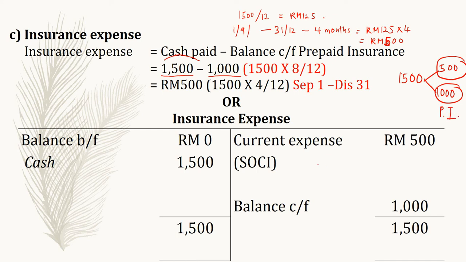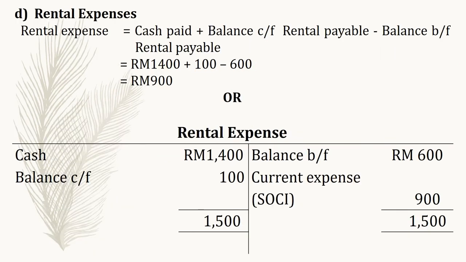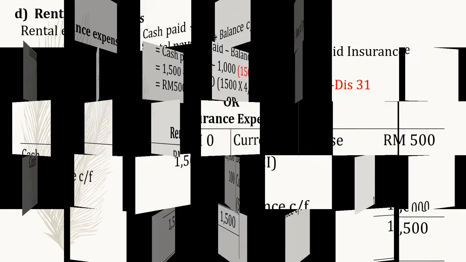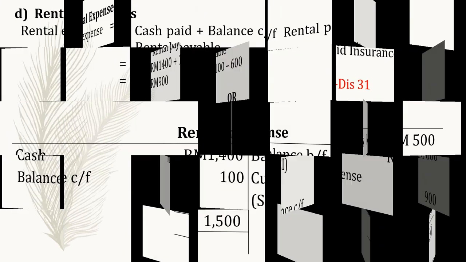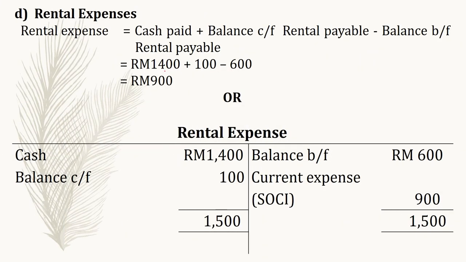Okay, so this is the amount that we're going to put in our income statement, the current expense for insurance. So this is your insurance expense, 500 ringgit, and this 1,000 ringgit we go to your financial position as your prepaid insurance.